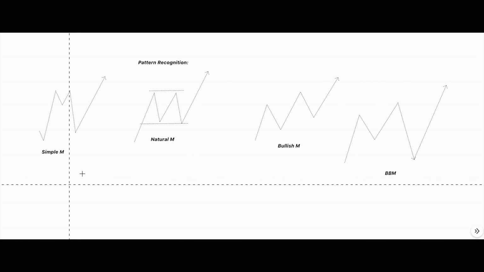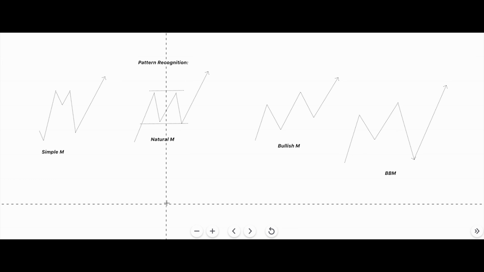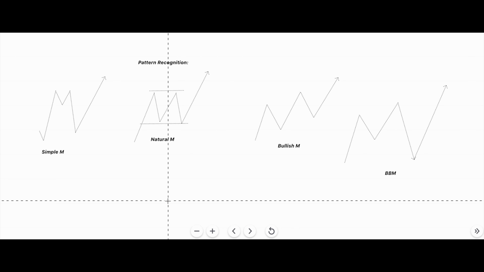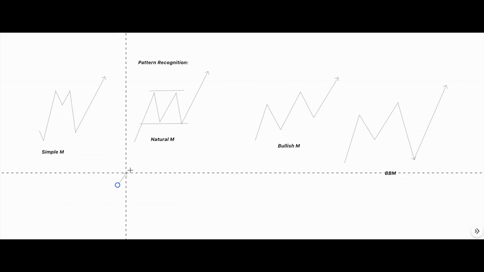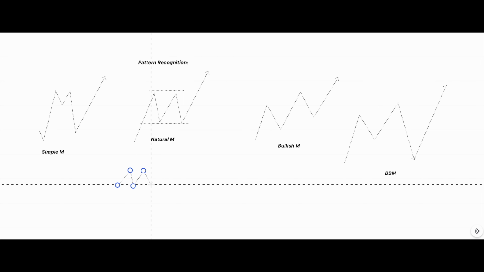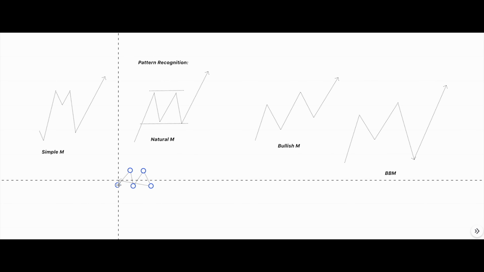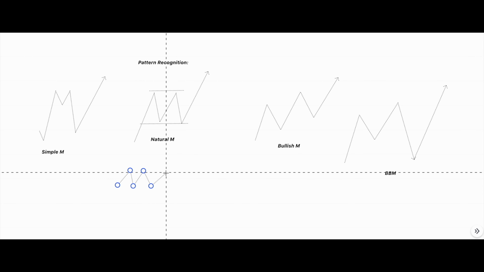Moving on to the last and final M in our bullish variations, right? So long opportunities, in whichever case, it's going to be called a bearish M, right? What price is going to do is go into a pretty steep amount of consolidation.